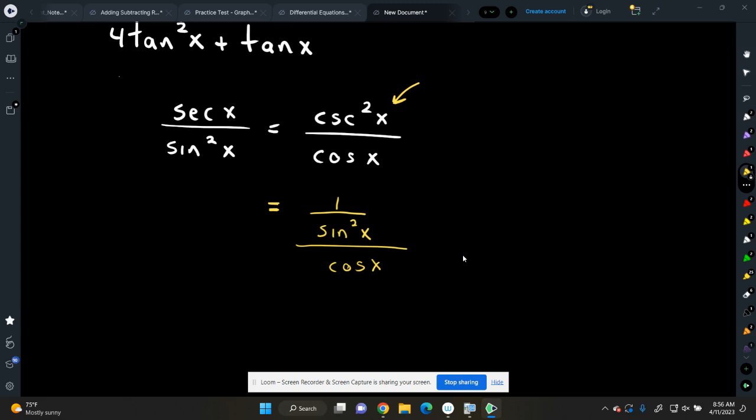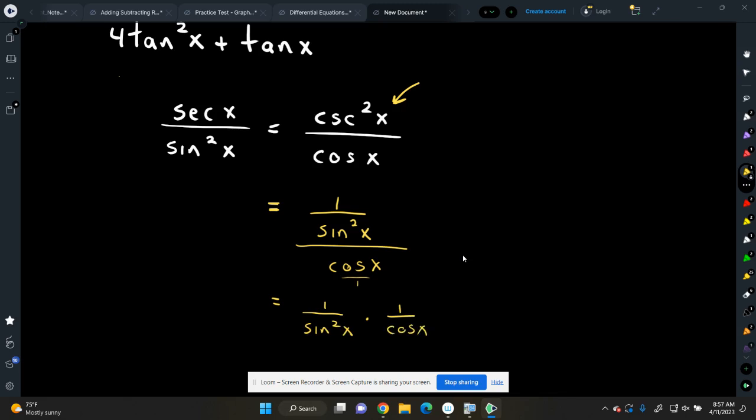Why do I feel like that's looking better already? Yeah, exactly. So what do we do with this cosine here? This is cosine over 1, right? So let's rewrite it as 1 over sine squared x times 1 over cosine x.